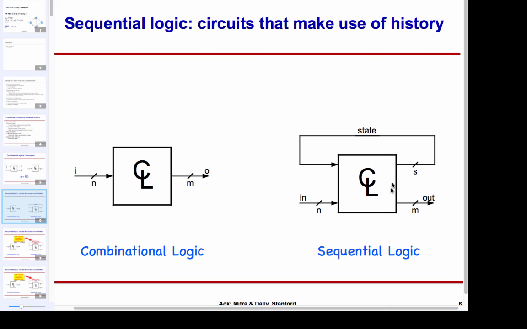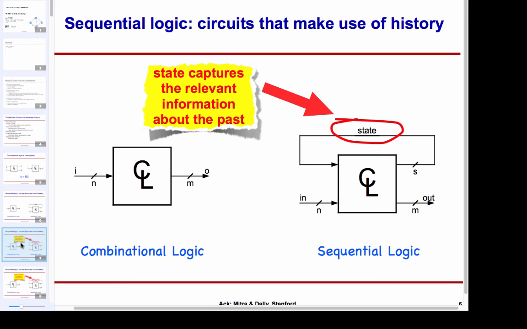Same concept out here: the state is being stored, and every time we are updating the state, and then anytime we compute the output, it is not only a function of the input, but also a function of the current memories, the current state. So then the question boils down to how do we build that up? And again, state is, as I mentioned earlier, relevant information about the past.